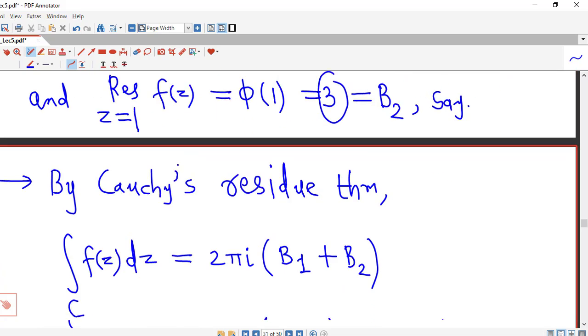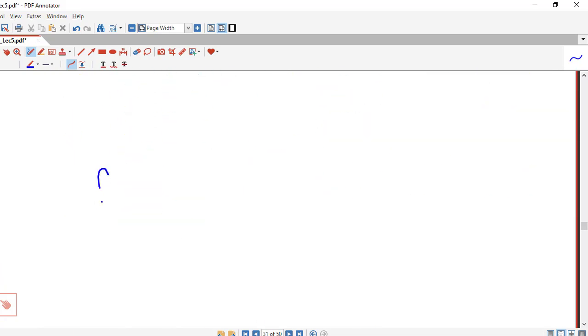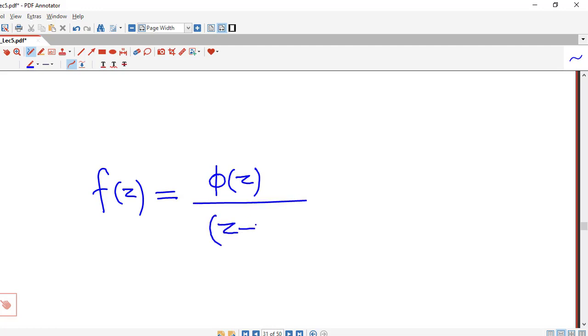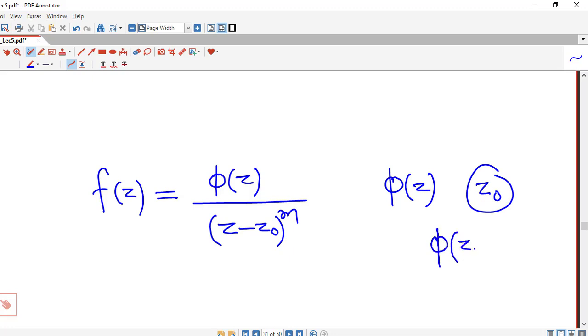And one more thing which I am always repeating, to find out residues we are using this result, that if our function can be written as phi of z divided by z minus z0 to the power m, where phi of z is analytic at z0 and phi of z0 is non-zero, then f of z has a pole of order m.